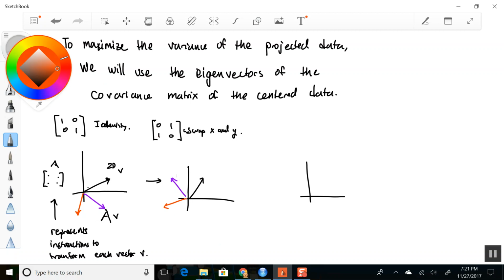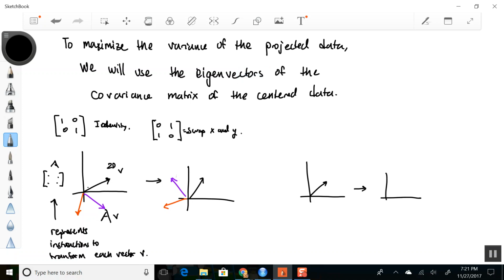But some vectors, if I apply this transformation to them, will not be affected. The result after the transformation ends up being exactly the same, or perhaps just expanded.